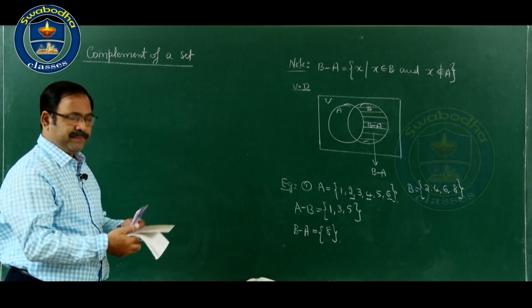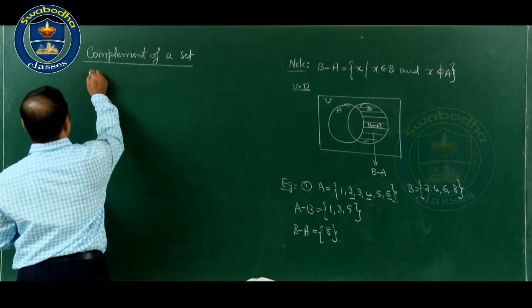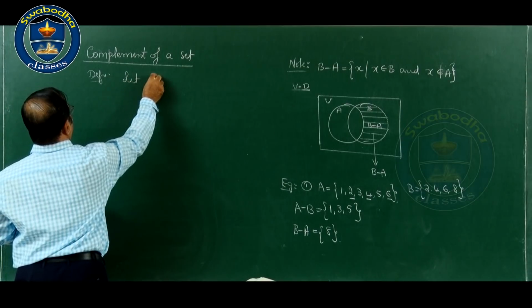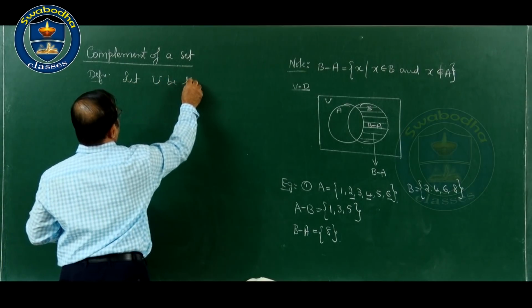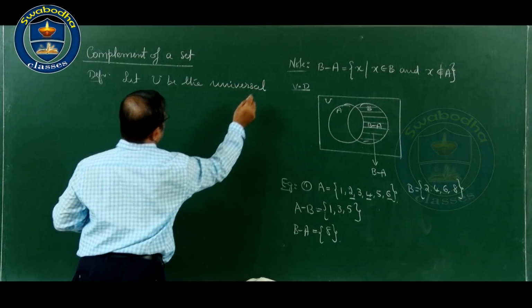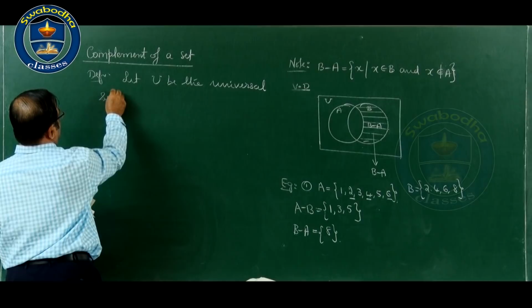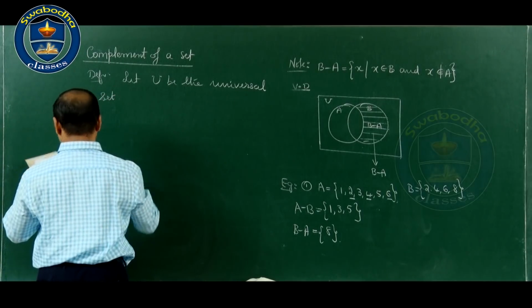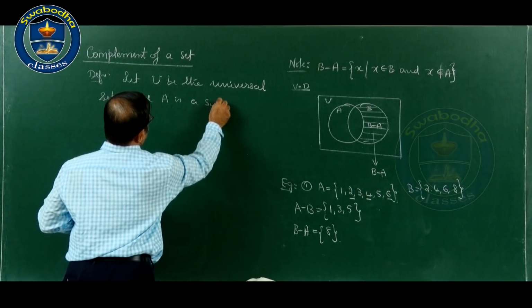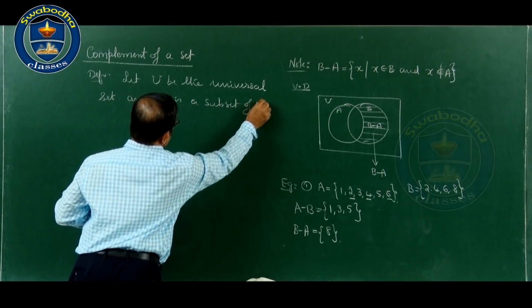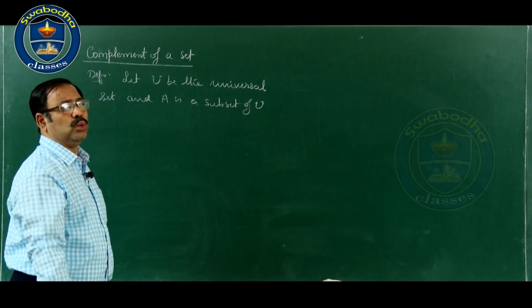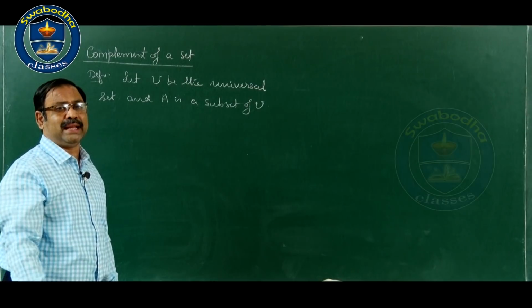Definition: let U be the universal set and A is a subset of U. Now, the complement of A with respect to U is very simple, U minus A.